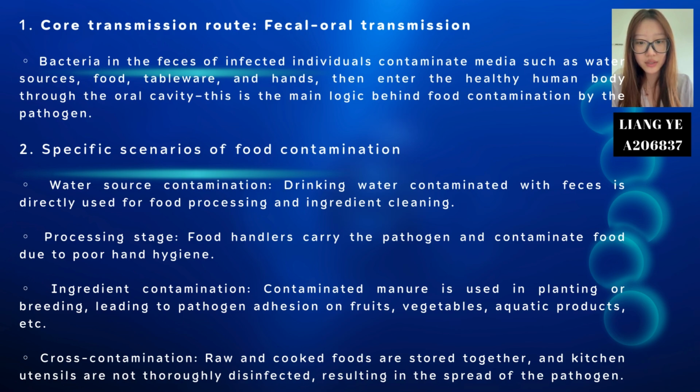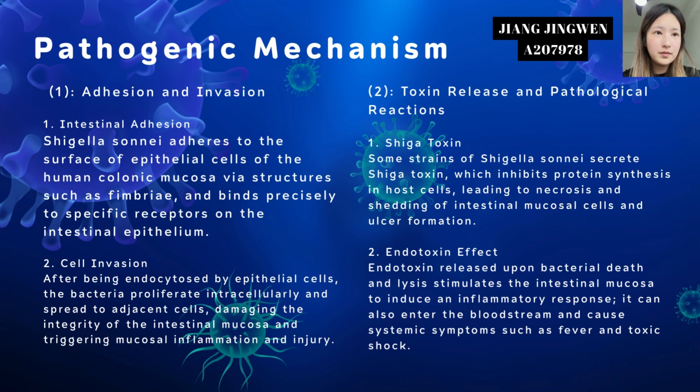Contaminated manure is used in planting or breeding, leading to pathogen adhesion on fruits, vegetables, and aquatic products. Cross-contamination. Raw and cooked foods are stored together, and kitchen utensils are not separated. Pathogenic mechanism. The first one is adhesion and invasion.